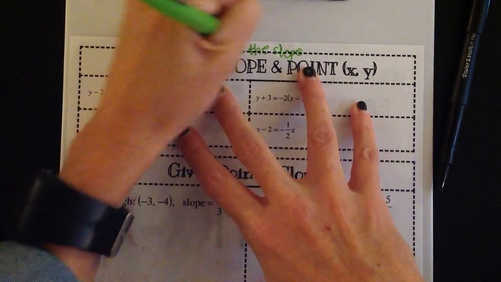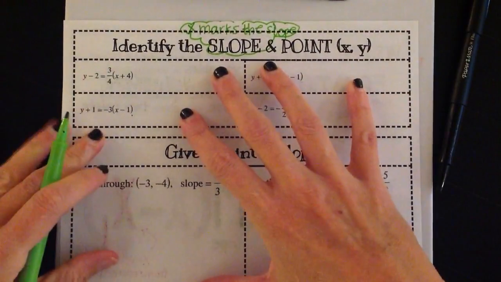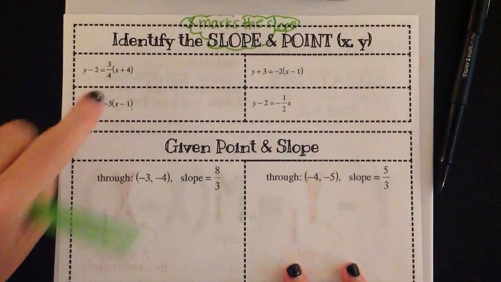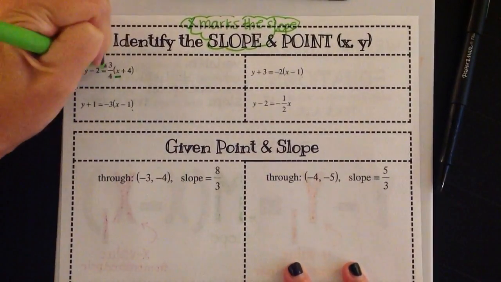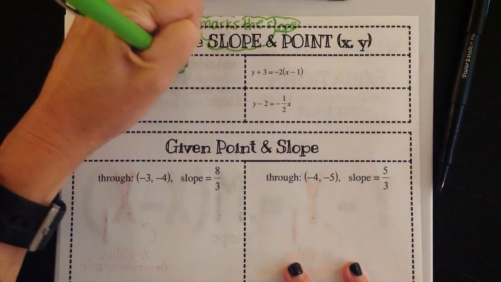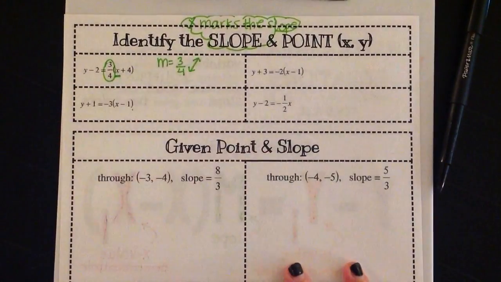So we're going to be looking for x in our equations, because in this format we can still use our eyes and see our slope. We don't have to do any rearranging. So I've identified x, which means my slope is 3/4. And since this is positive, this is telling me that my linear equation would be slanted upward.